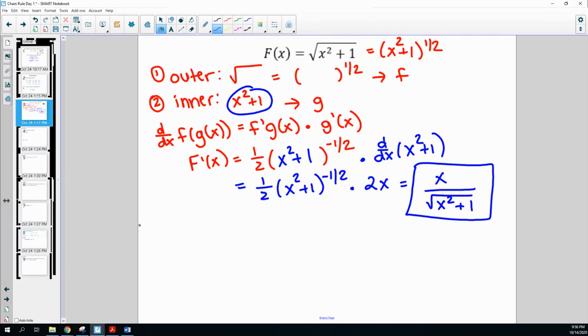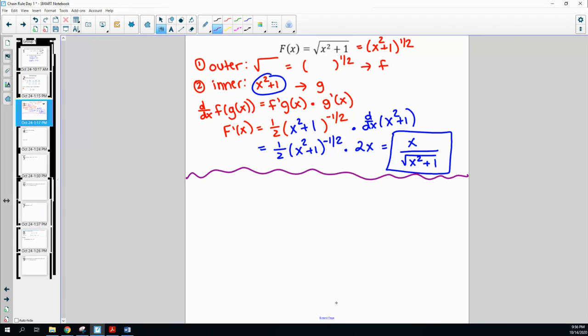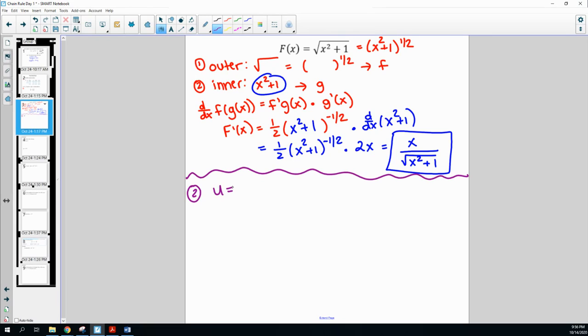Okay, so I'm going to do the same exact problem the other way so you can see how to do it. Some people think the other way is easier or the first way is easier. It really is your preference. So if I was doing it the second way, I need to identify what u is going to be. So u in this case is always going to be the inner function. So u would be our x squared plus 1.